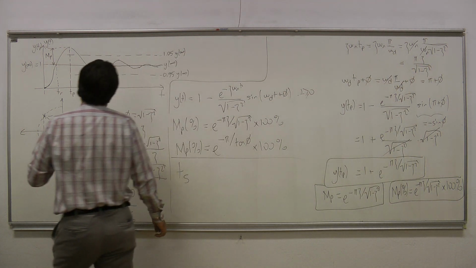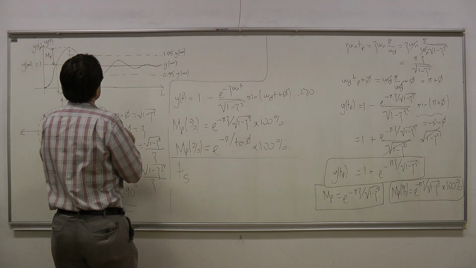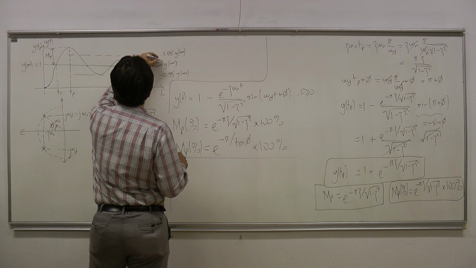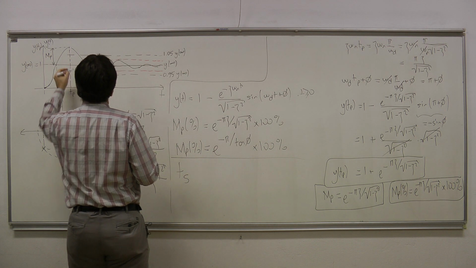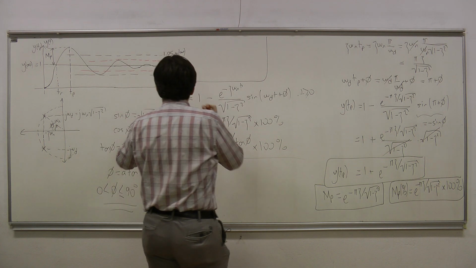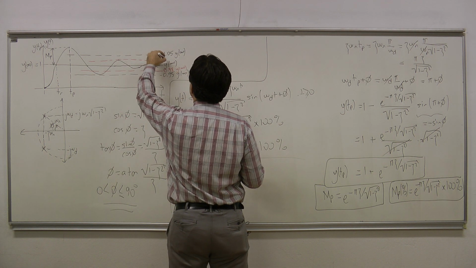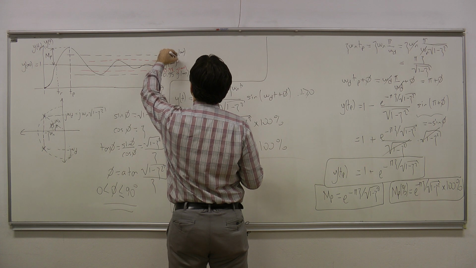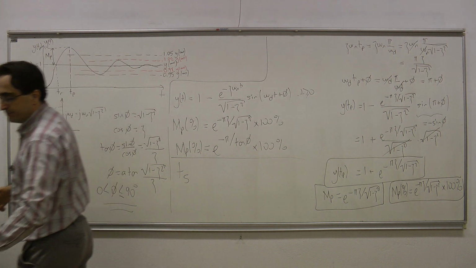And I need to also define the 2% region. It's going to be a region given like this. My drawing might not be up to scale, sorry for that. So 0.98 y infinity here and 1.02 y infinity. This is the 2% region.